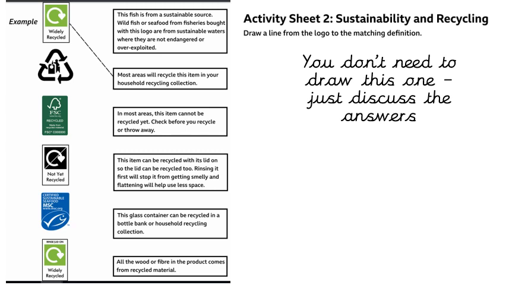I just want you to do it with your finger going across. Draw a line from the logo to the matching definition. So which one do you think is which? Okay. And then once you've discussed your answers with an adult or with your brother or sister or somebody else, or you might have just done it to yourself. Again, if you pause the video and then I'll show you the answers on the next slide.